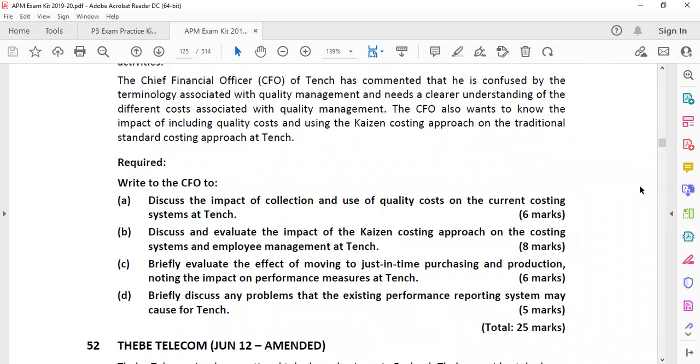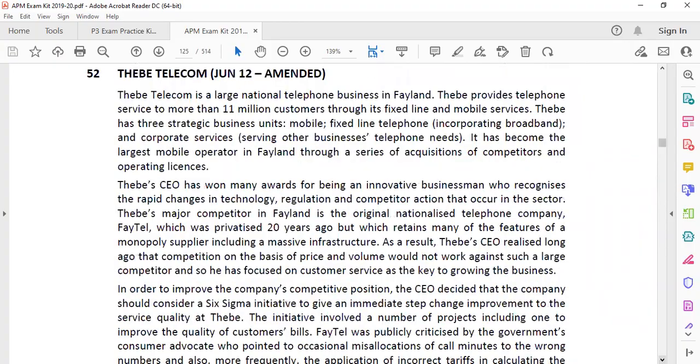What's the content? Telecom is a large national telephone business in Thailand. It provides telephone service to more than 11 million customers through its fixed line and mobile services. It has three strategic business units: mobile, fixed line telephone incorporating broadband, and corporate services, serving other businesses' telephone needs.